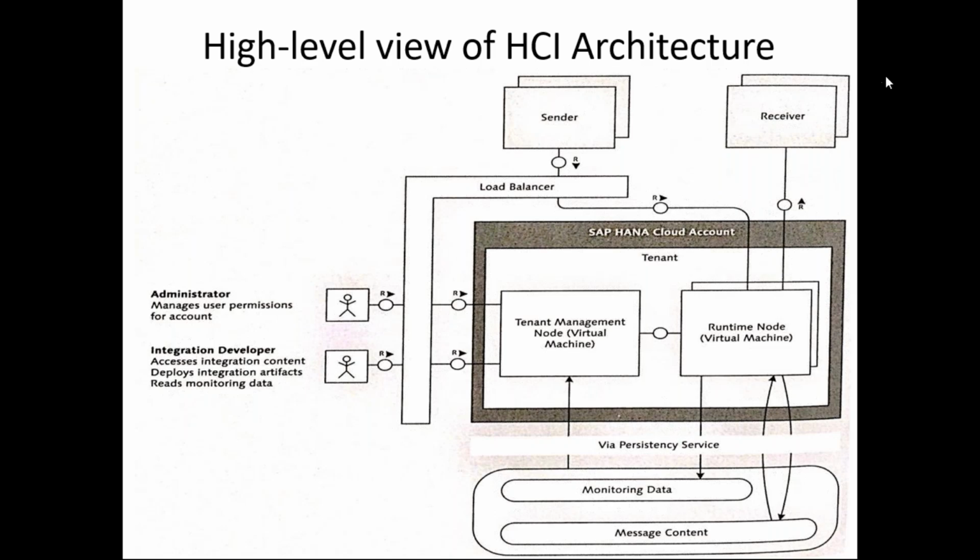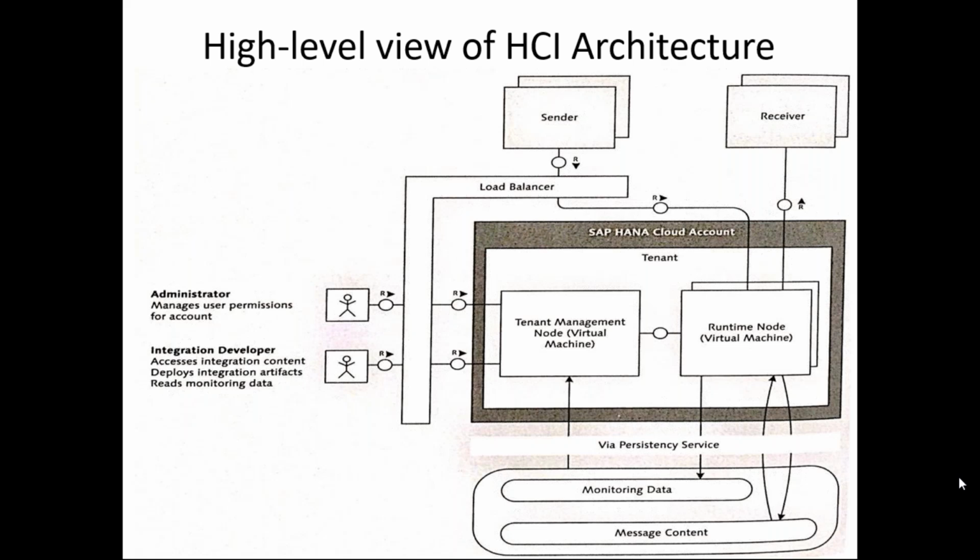So what I am explaining here is as per the diagram. If you see in the below, there is a persistency service. There are two types of data shown: one is message content, and the other is monitoring data. Message content means the business data, the payload. Technically we call it payloads.